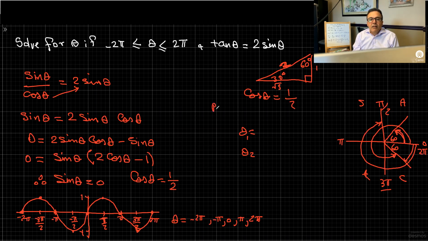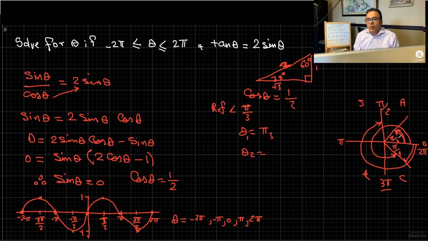So the reference angle, 60 in radians, is pi/3. Okay. And therefore, instead of 60 there, it is pi/3 for a reference angle and a pi/3 for a reference angle. And therefore, theta 1 will be, again, still pi/3.